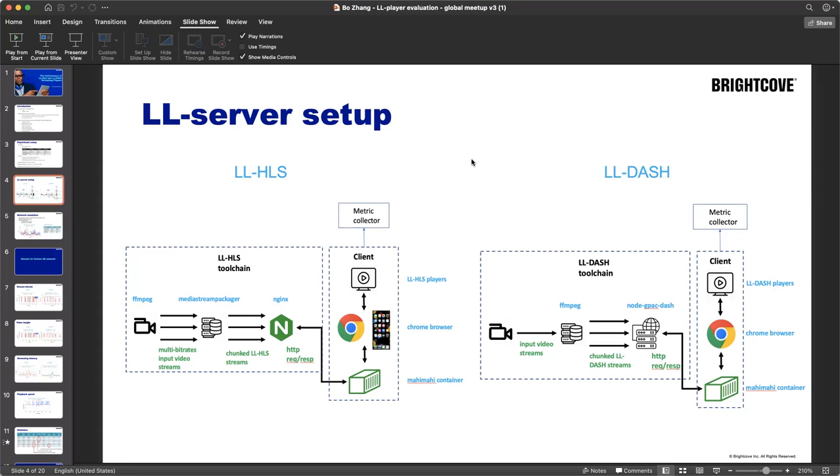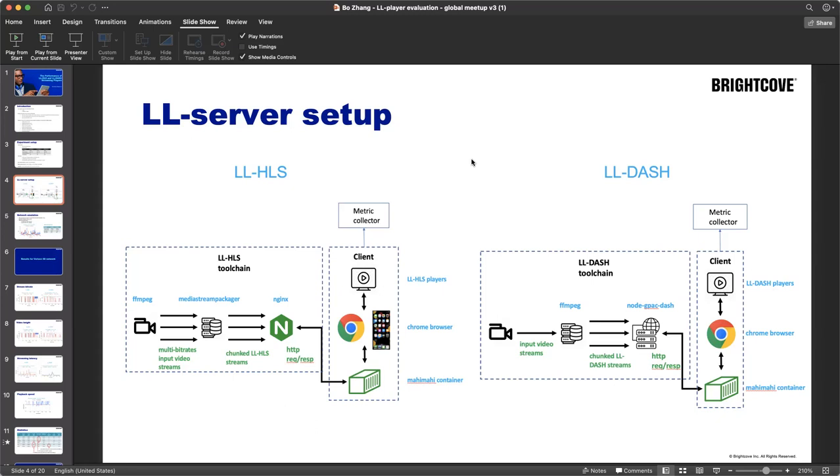The player can be any player, AVPlayer running on iOS, or web players like HLS.js or Shaka player. They request segments and manifest from the Nginx server, and Nginx reads the segments chunk by chunk and sends them over to the clients.